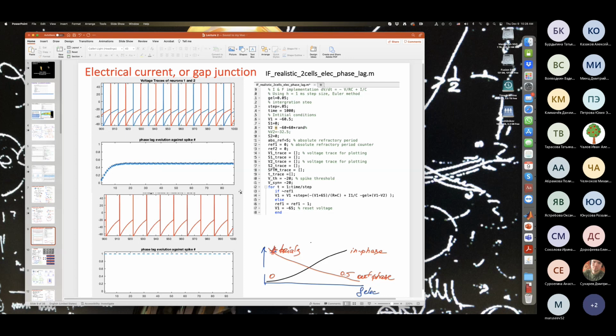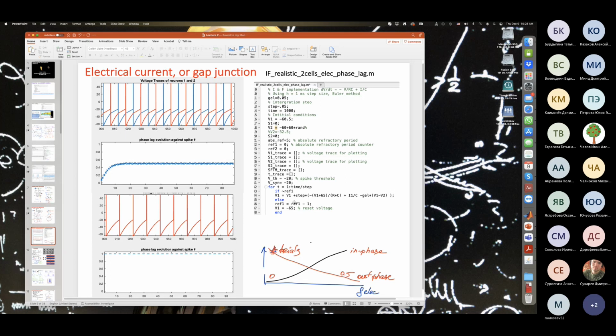Let me announce what's going to happen: click 10 times out of 10, and you will see something like this, and the phase difference will be something like that. It basically jumps immediately to this value and stays constant, which means the cells spike together. The red cell precedes the spike in the blue cell, so that's what 1 means. Otherwise, it's going to be 0.